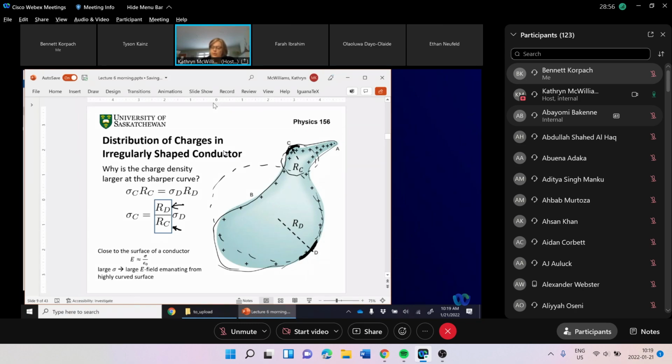There's no potential difference along this surface, because if there were, charges would be moving around. Okay, so basically you just need to know the concept that the charge is concentrated in regions where the curvature is tighter.